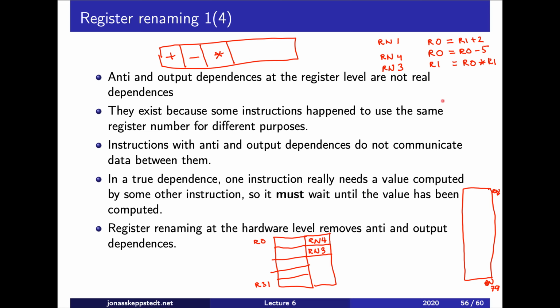Previously, these two instructions had an output dependence, since both want to modify register 0. But this one does not have to wait for that one to write register 0 to the register file. It just notes that it can write its value to another rename register. Of course, it has to wait since it actually needs register 0, but that's a different issue.